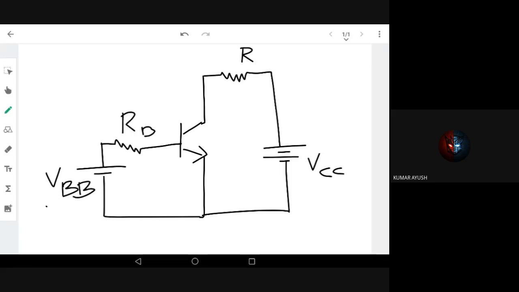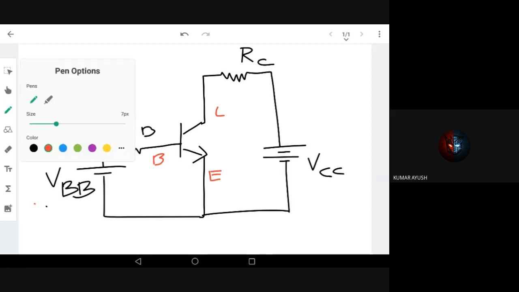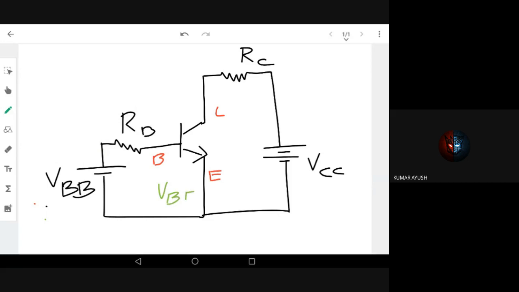Now we already know the different voltage representations, because this is our base, this is our emitter, and this is our collector. What will be this voltage? This is VBE, the voltage across the base and emitter. Now this is VCE, the voltage across collector and emitter.